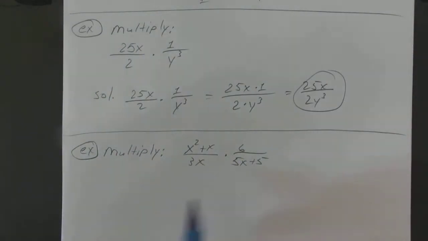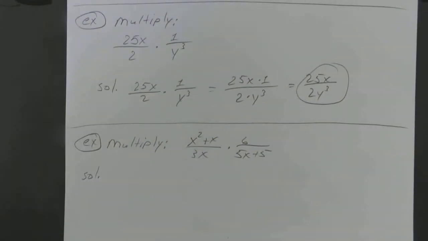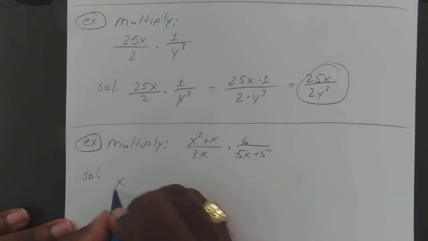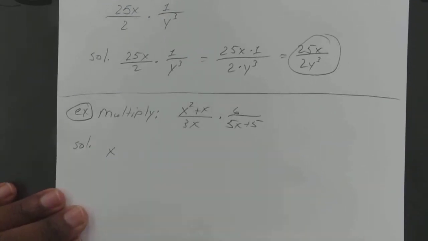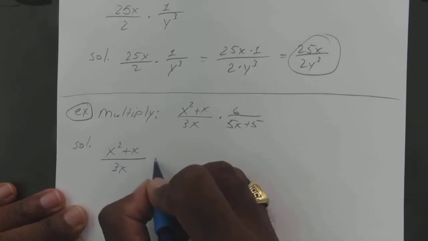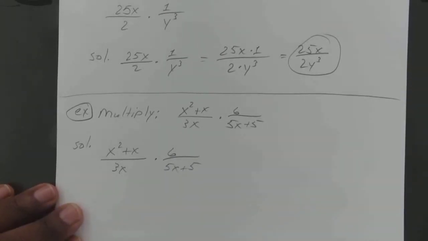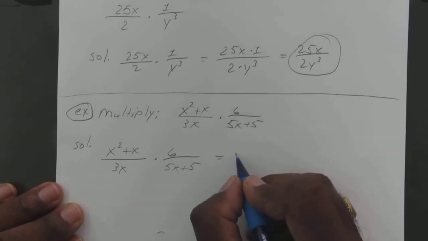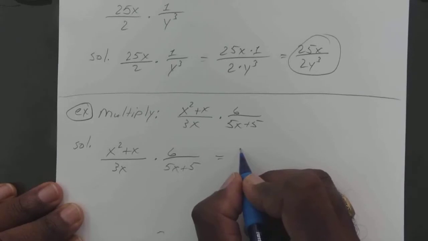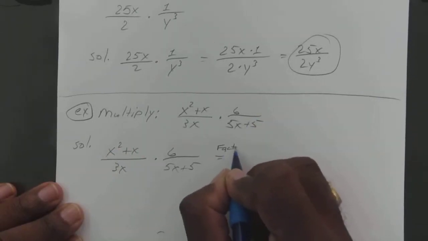Now these are the ones that you're most likely to run across here. You just multiply your numerators and your denominators. Well, first, actually, you factor before you do that.